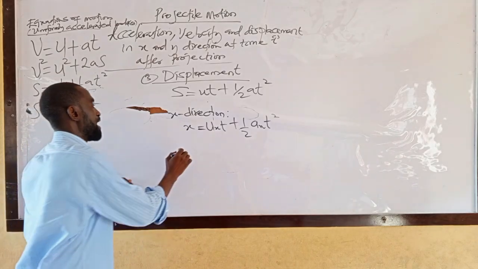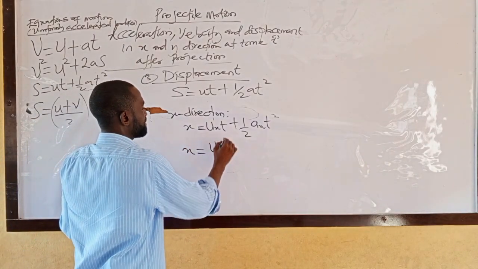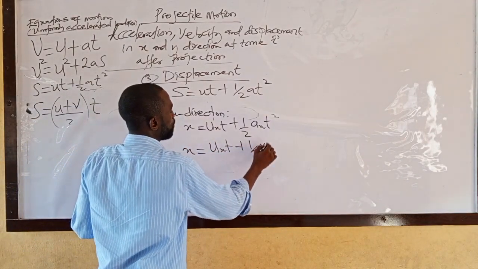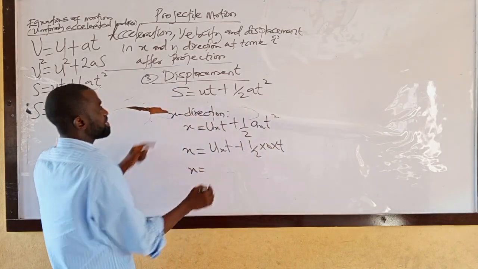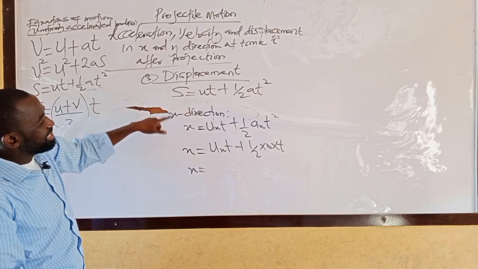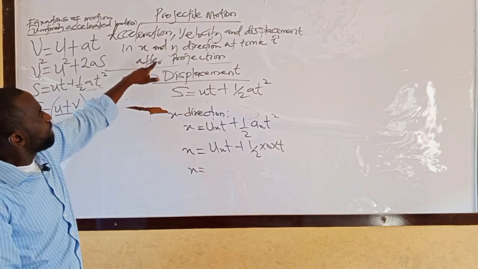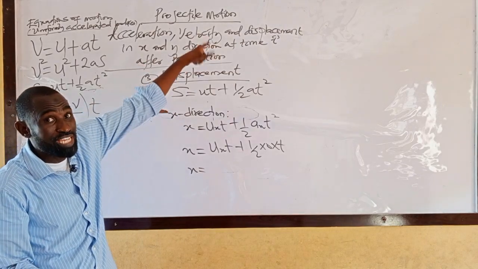Zero. So here we have x equals uxt plus half times 0 times t squared, which equals 0 for that term.